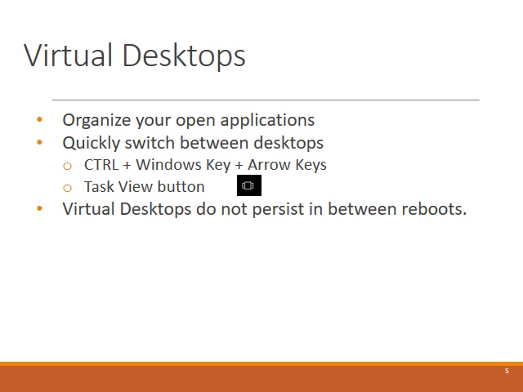It is important to note that virtual desktops do not persist in between reboots. Once you reboot your machine, your virtual desktop goes away and you'll have to reconfigure it. It's really more of an organizational tool anyways, so it's not super useful to have them persist between reboots.